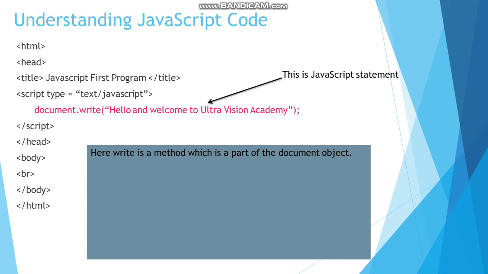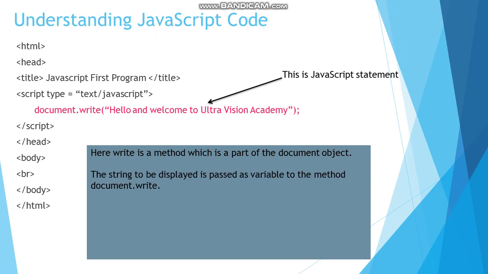So whatever you see on screen, meaning in the browser, all the things are considered as objects. So the browser window itself is an object. Inside the browser window, the white part where we write something or where we display something, that part is known as document. So document.write means we are writing something inside the document part.